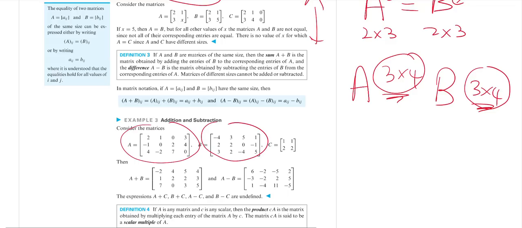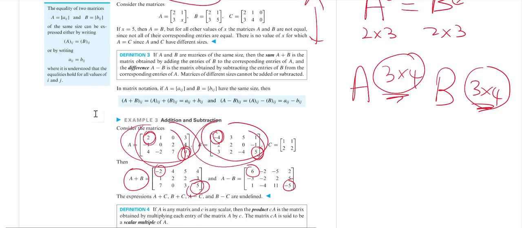Right now, matrix A and matrix B have the same size, so they are compatible for addition and subtraction. The way we add them is pretty straightforward: we just add the corresponding components together to get this. If you want to subtract, we subtract the corresponding components and get this. Same thing too. Let's say we have 5 here and 0 here: we add to get this, and we subtract to get this.